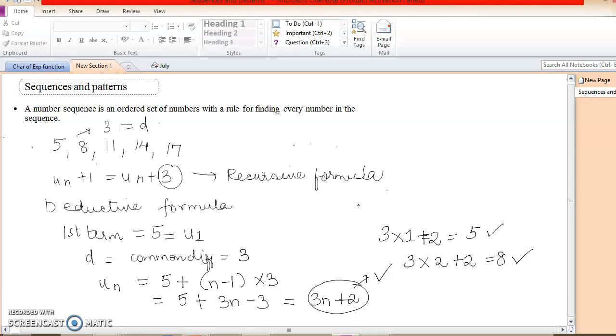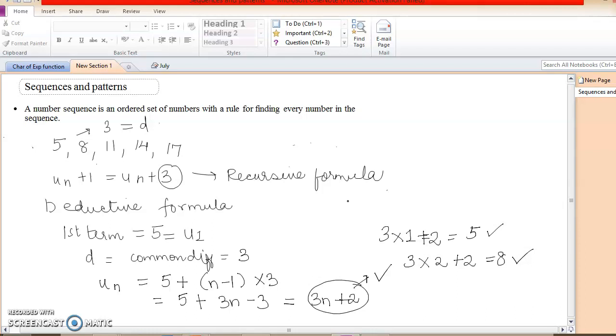Now, what is the difference between the two and how important are these? The recursive formula is very helpful if I want to find the next term, considering that I am not able to find the general term of the sequence. Also, there are times when you are not able to see a general term, a common pattern across the board.